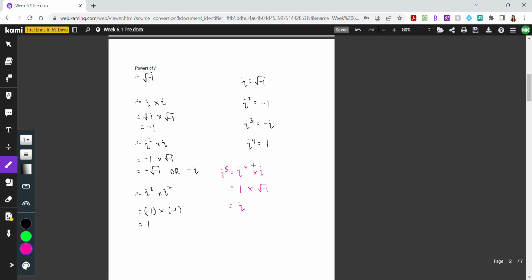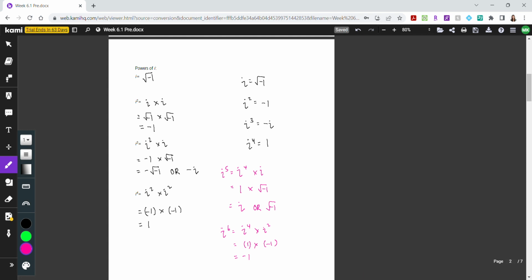Okay? And now we know also i is equivalent to the square root of -1. Now let's look at i to the 6. So it's like i to the 4 times i squared. So it's 1 times -1, which would give us -1.